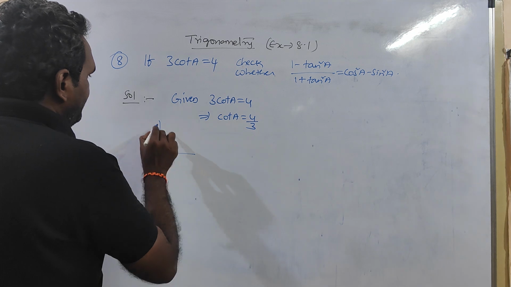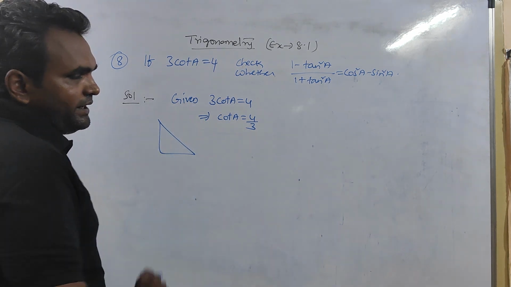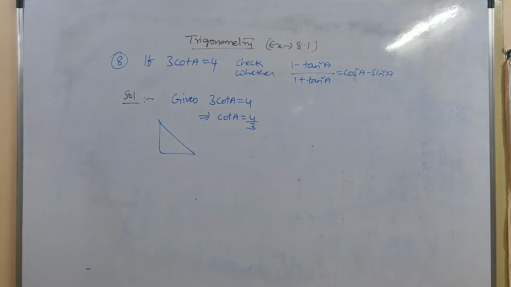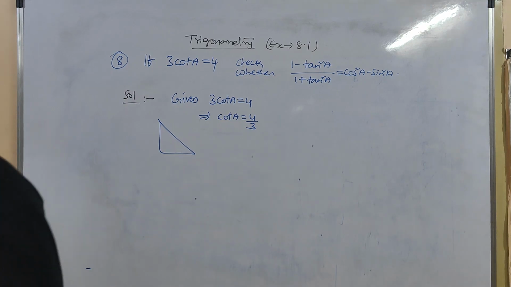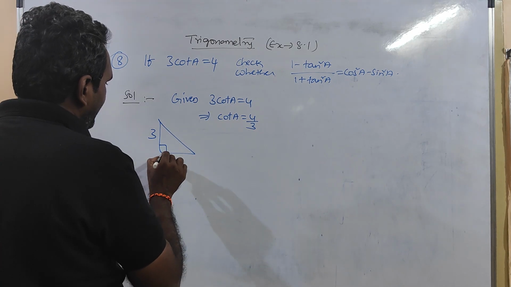If you draw the triangle for A, see what is the definition for cot. Cot is not having any hypotenuse, right? So you have to write adjacent and opposite only. So hypotenuse we have to find.